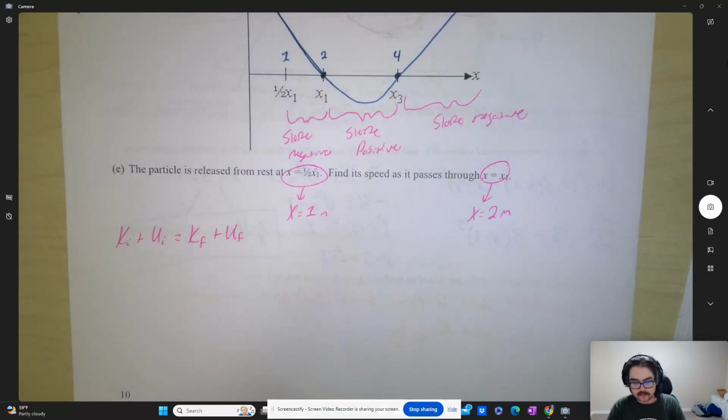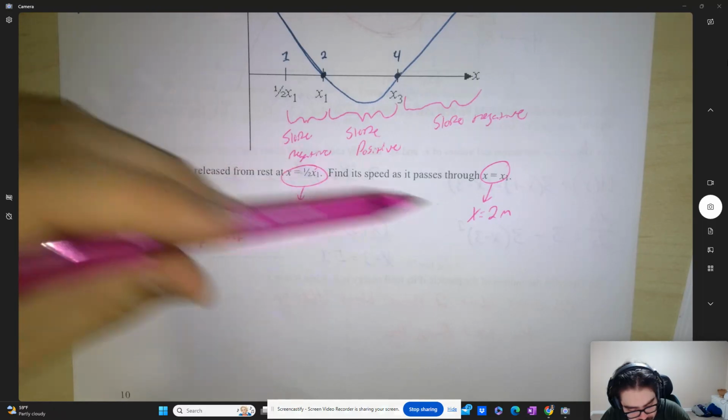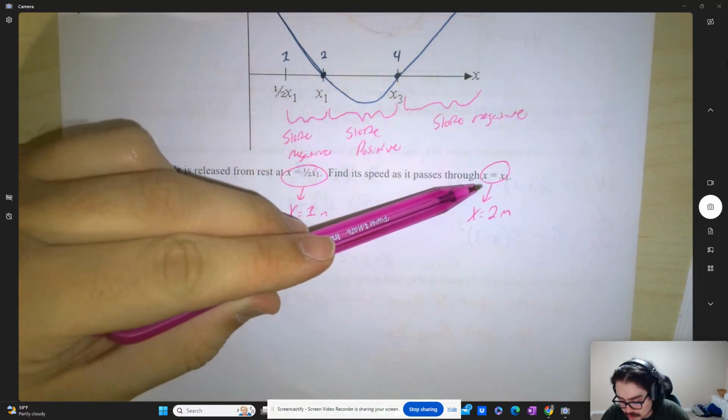So what I'm going to do to get the potential energy at both points is, let's see. It's released from rest here. Find its speed as it passes through there. I need to figure out how much of my energy is potential here.